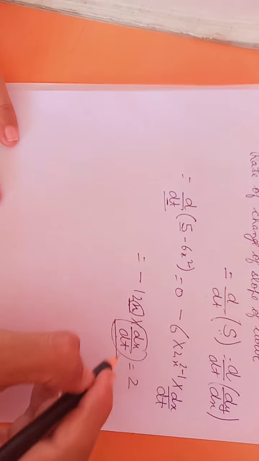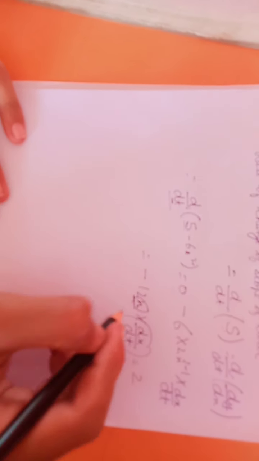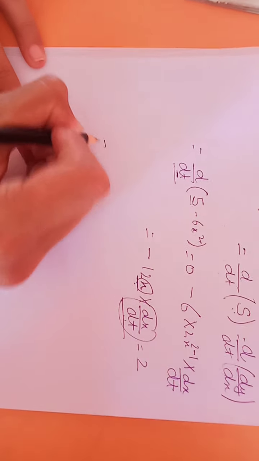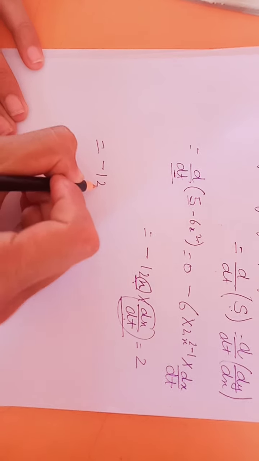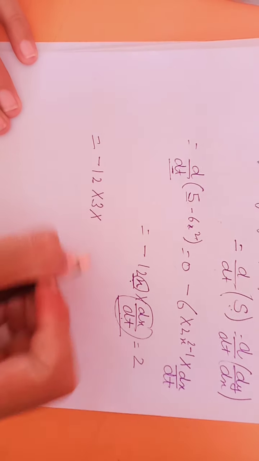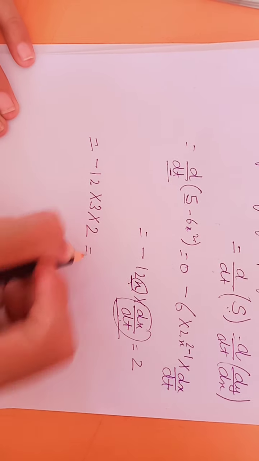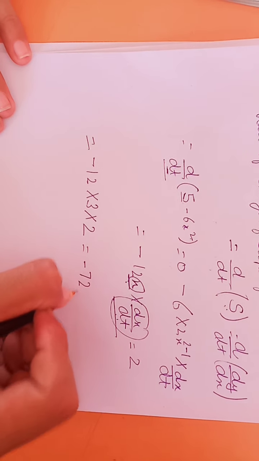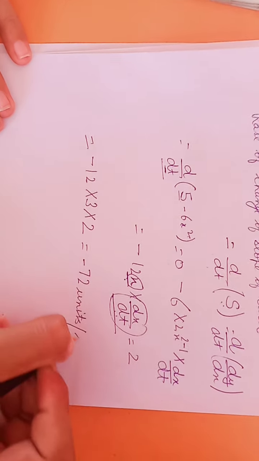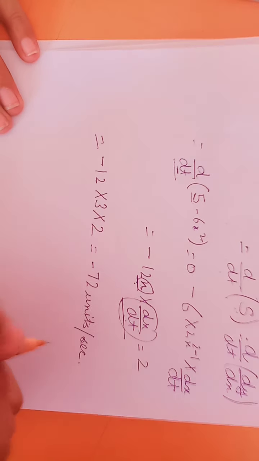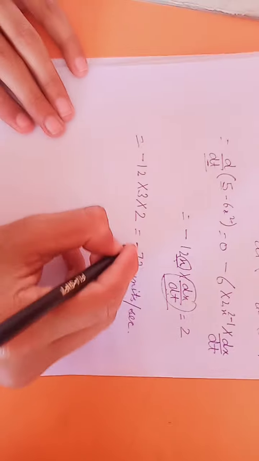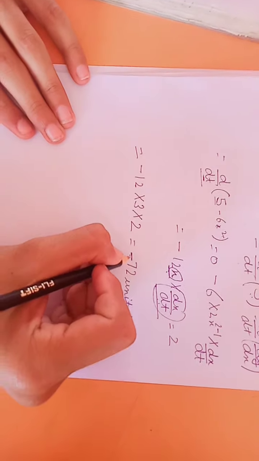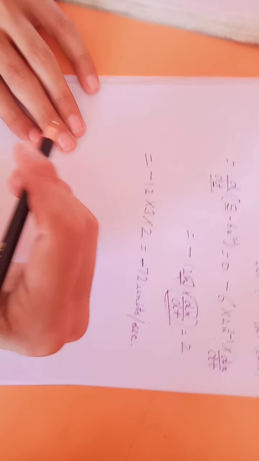They have given the value of dx by dt and the value of x, and then we have to find the rate of change of slope. So the next step we get is minus 12, the value of x is 3, into dx by dt given to us as 2. Then this becomes minus 72 units per second. Now why is the minus sign there? If the minus sign is there, that means the slope of the curve is decreasing, and if no minus sign is there, then the slope of the curve is increasing.